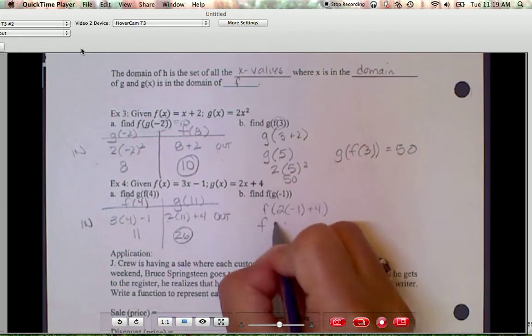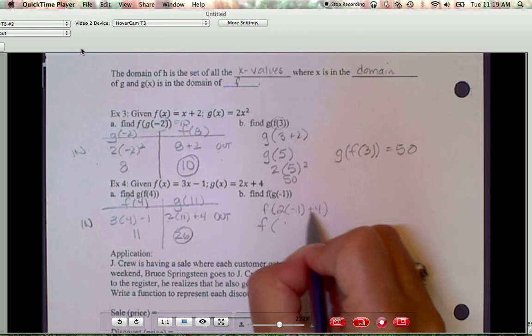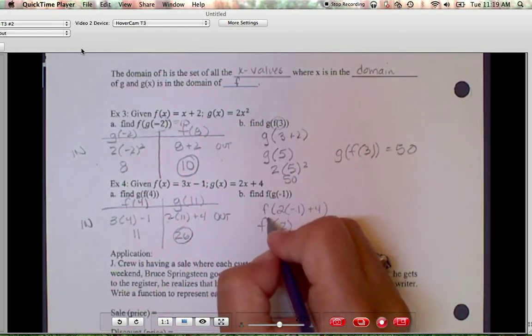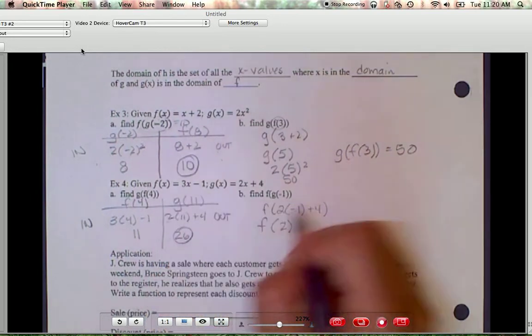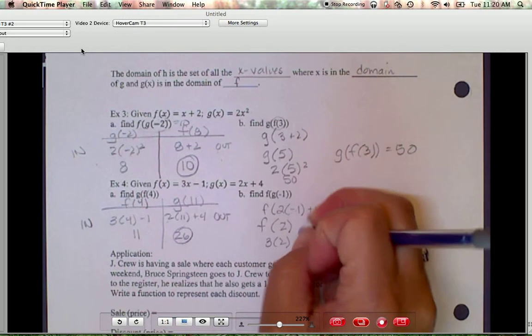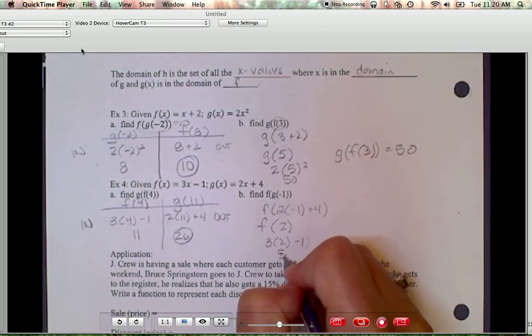So we leave the f out here. 2 times negative 1 is negative 2. Negative 2 plus 4 is 2. Then f of 2, go to the f function, would be 3 times 2 minus 1. Oops, don't need any parentheses. So we get 6 minus 1, which is 5.